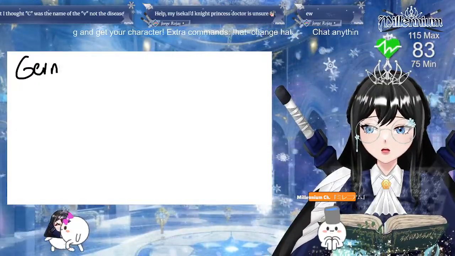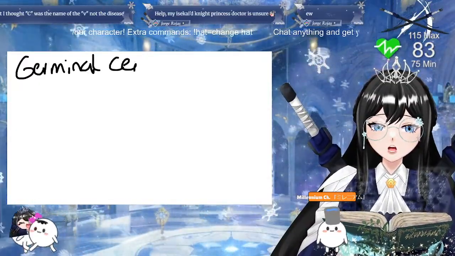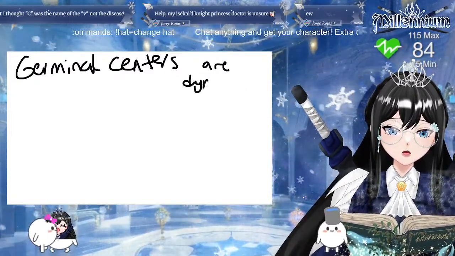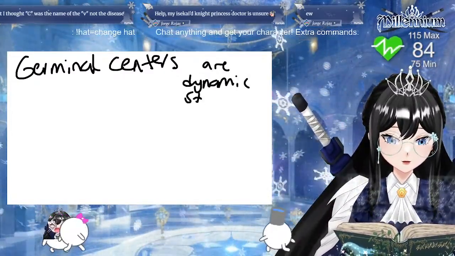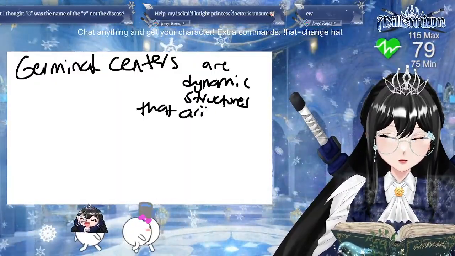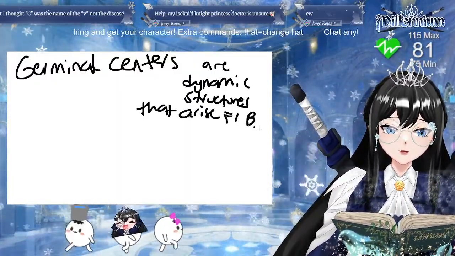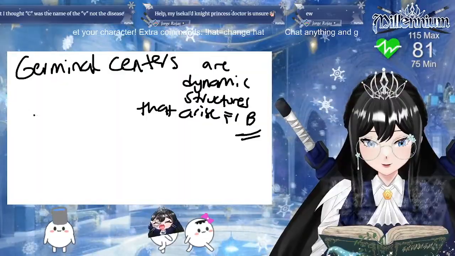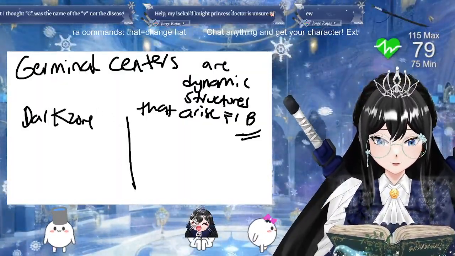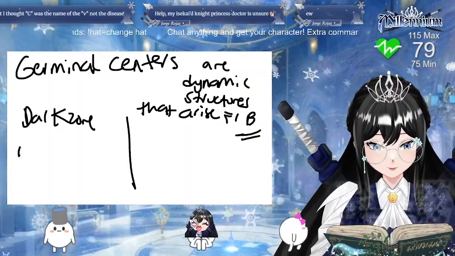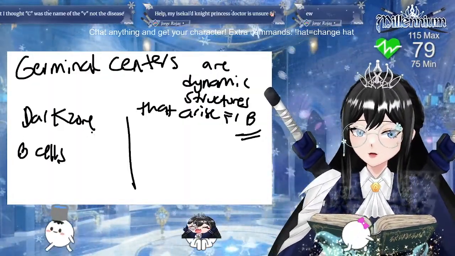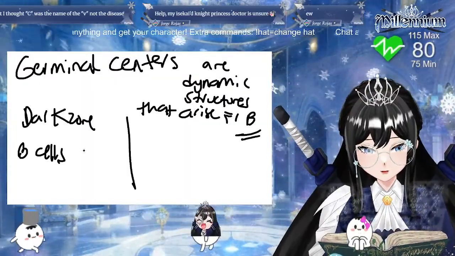Germinal centers are dynamic structures that arise from some B cells. You have the dark zone, where B cells called centroblasts divide, times 2, times 2, times 2, and accumulate there.